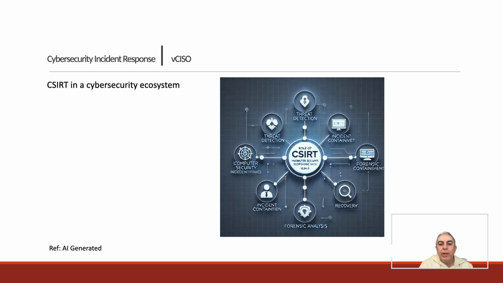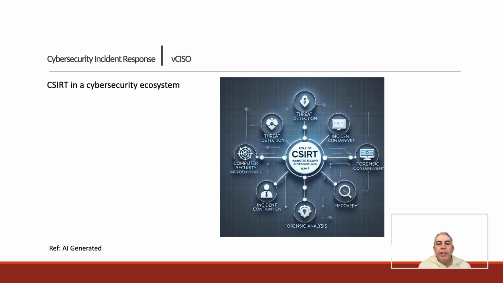This is a generated AI image that I just produced, and it's not a perfect one, but it shows that the CSIRT has to connect to multiple engines or multiple activities for the entire incident response lifecycle. The threat detection engines should be multiple, so they advise you or notify you about any potential incidents that are happening in the environment.